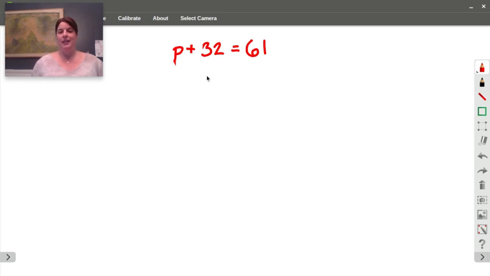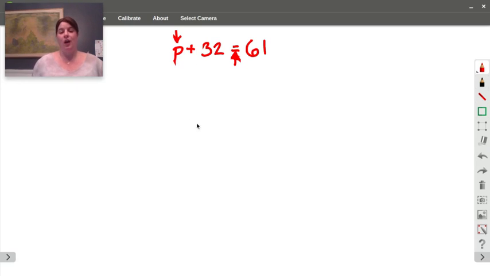Think about this as a scale again, where this equal sign represents perfect balance. Everything on this side and everything on this side are in perfect equivalent balance. With an equation, our goal is to figure out what this variable is. To solve an equation, we're finding out what this is equivalent to.